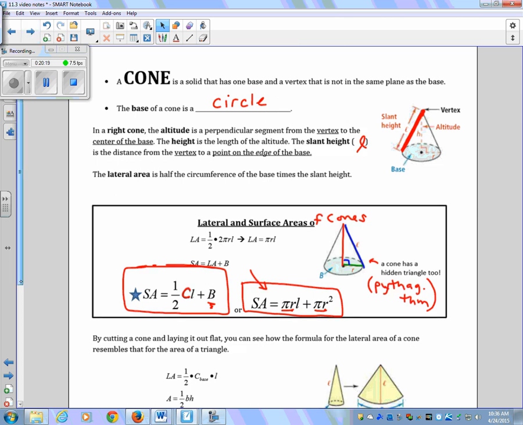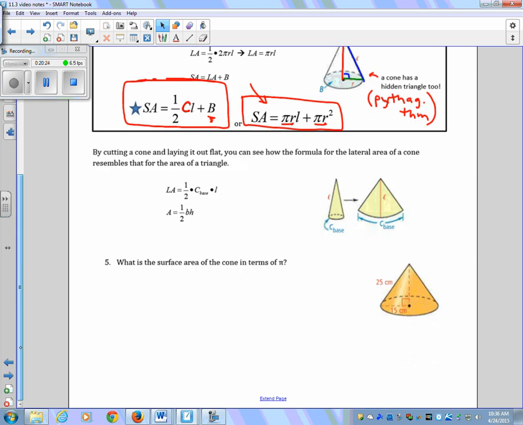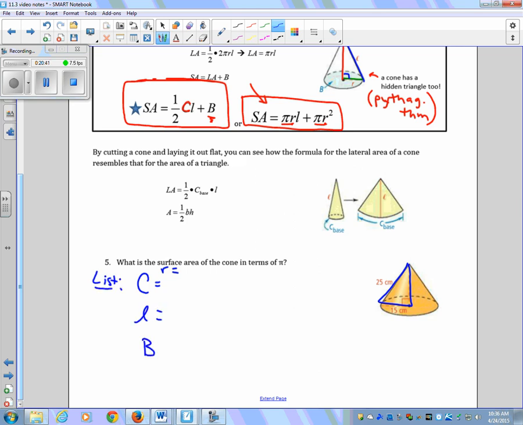Okay, so again, using this triangle that's hiding in here, we're going to make our list. This time we need circumference. Again, I would start with radius, circumference, slant height, area of the base, and again, height was going to come in handy sometimes when we need it for Pythagorean theorem.